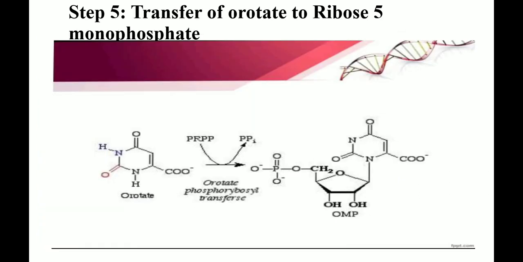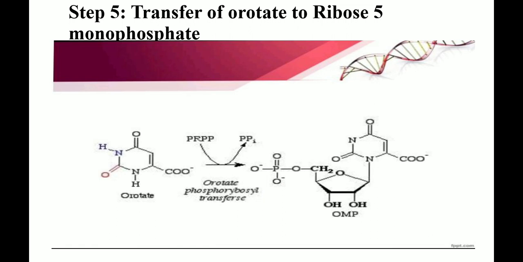Now the fifth reaction, that is the transfer of orotate to ribose 5-monophosphate. How does this transfer take place? Orotate reacts with PRPP, that is 5-phospho-alpha-D-ribosyl pyrophosphate. When orotate reacts with PRPP, it forms orotidine 5-monophosphate, that is OMP.